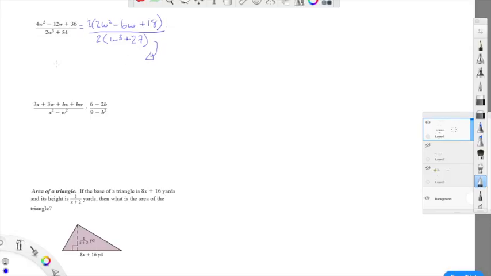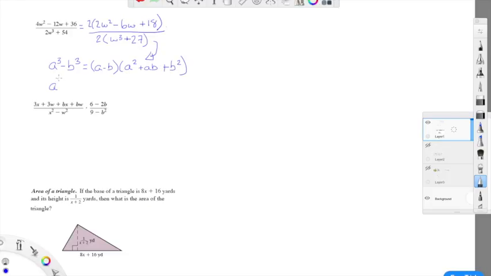Let's look at how to factor sum of cubes. Remember, sums and differences of cubes have certain rules. If we have a difference of cubes, a cubed minus b cubed, that can be factored into a minus b times the quantity a squared plus ab plus b squared.